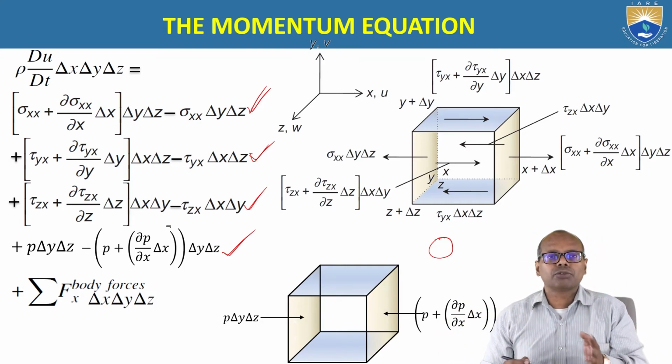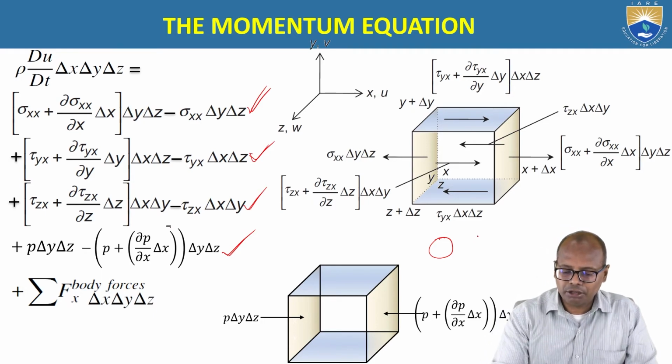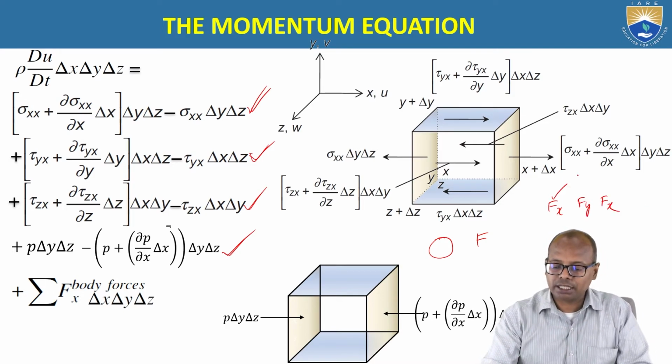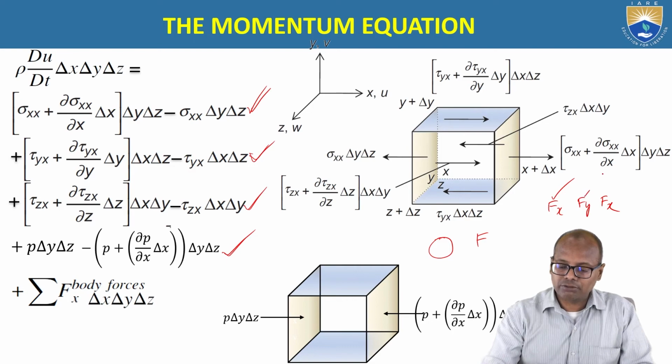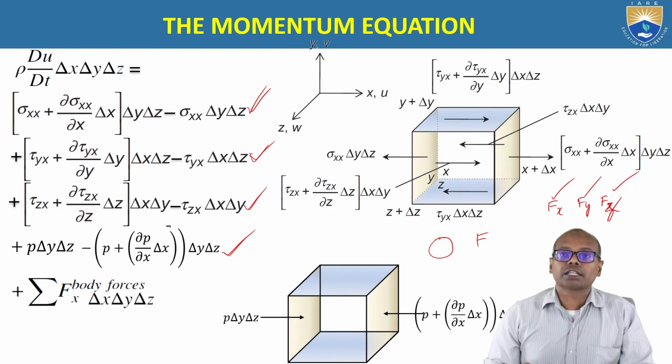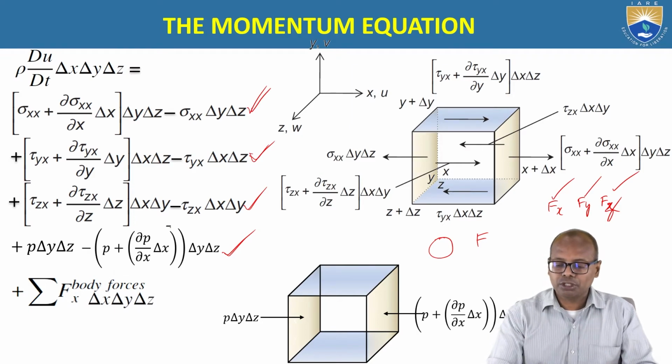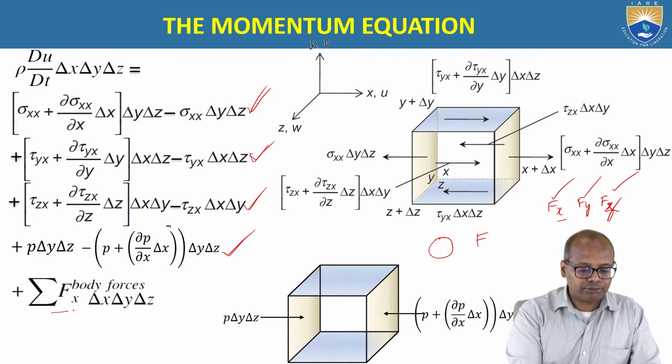So all that we are generalizing and considering a body force F. Now it has three components, Fx, Fy and Fz: the body force acting in the x direction, the y direction, and the z direction. So we are concentrating here on the x direction, so we are taking Fx.